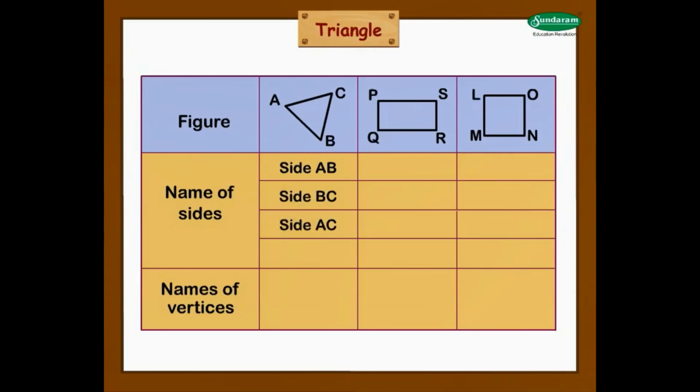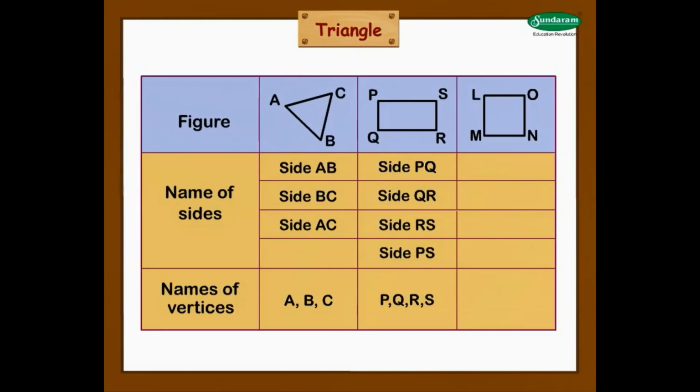The vertices of this triangle are A, B and C. Now look at the rectangle PQRS. The sides are side PQ, side QR, side RS and side PS. The vertices are P, Q, R and S.